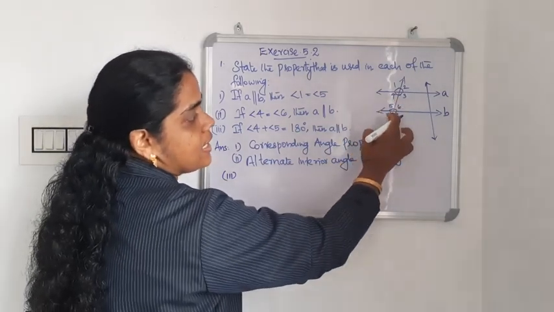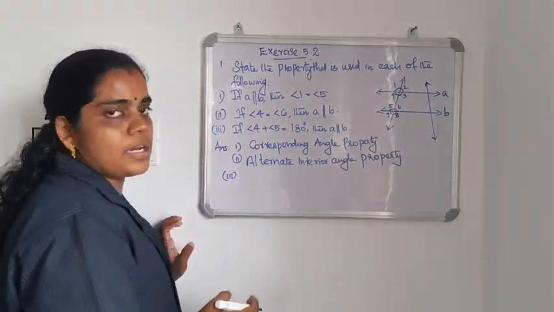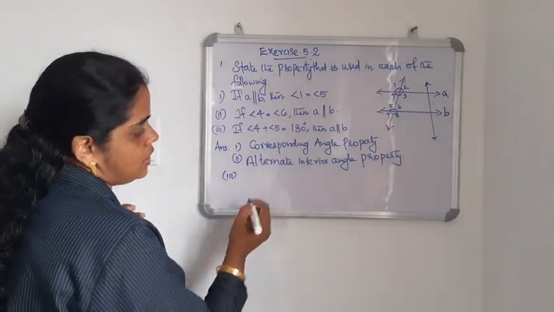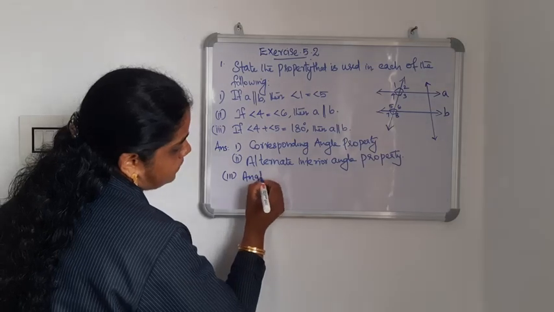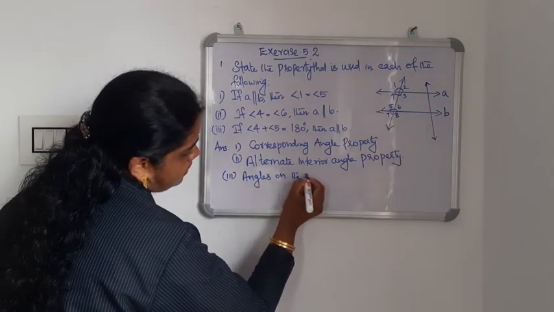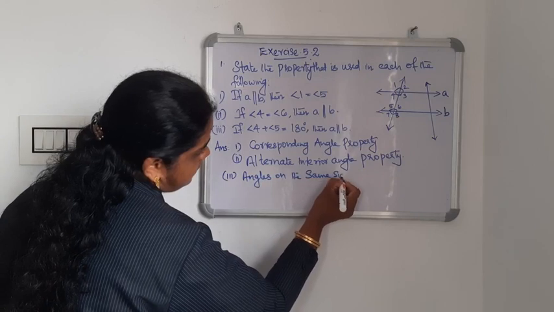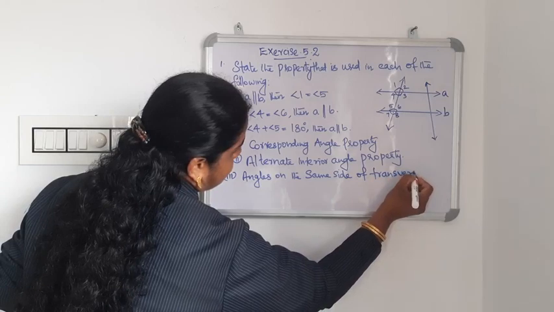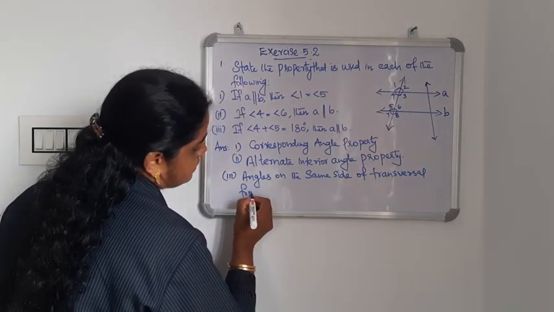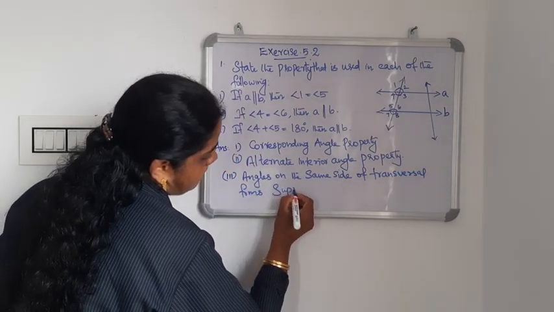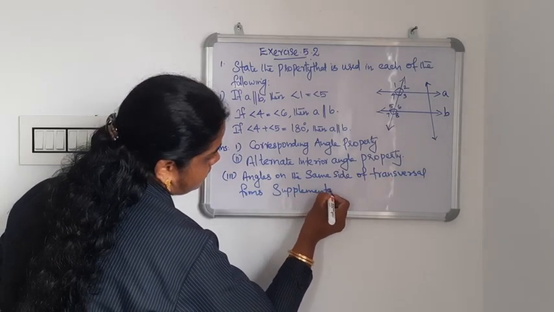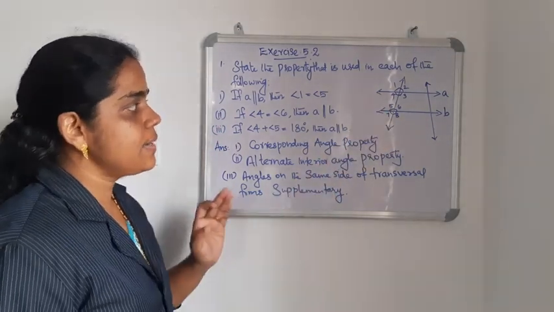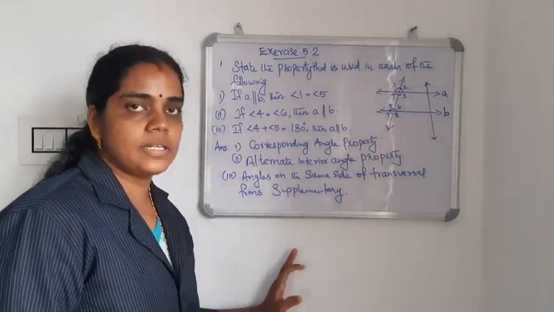So angles on the same side of the transversal form supplementary angles, then A must be parallel to B. This is the third property.